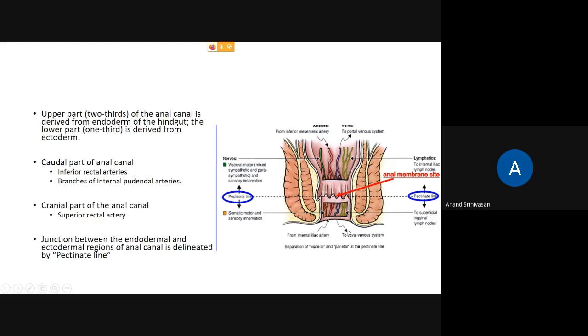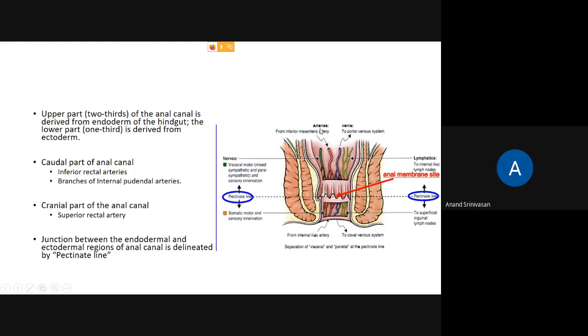The inferior rectal artery supplies the caudal part of the anal canal, whereas the upper part is supplied by the superior and middle rectal arteries.